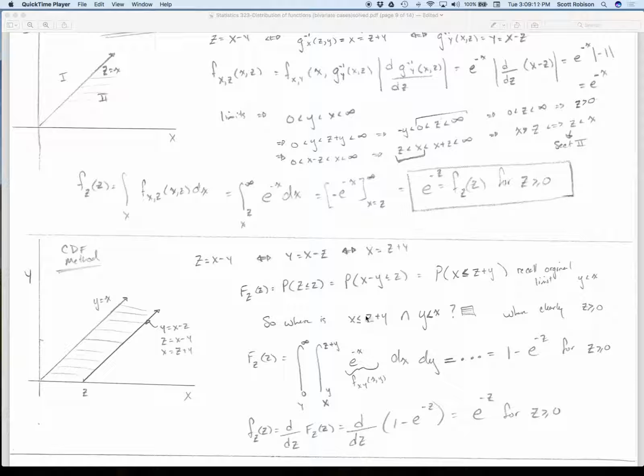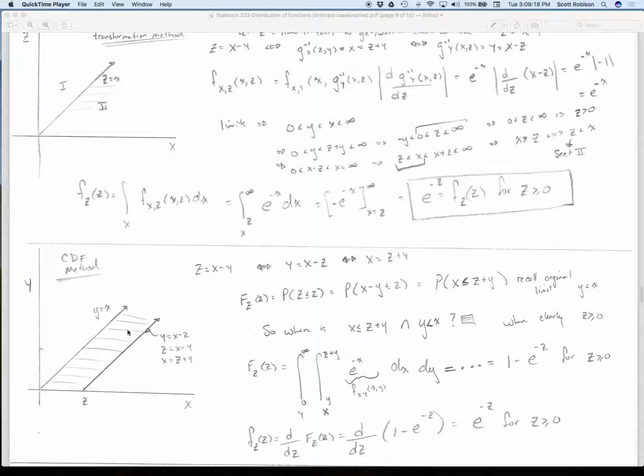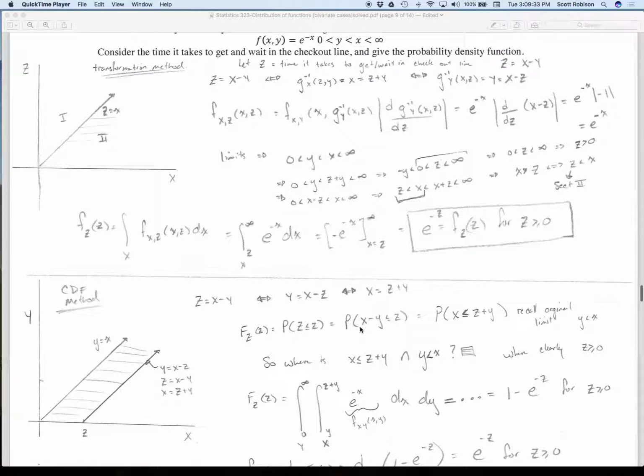So where x is less than or equal to z plus y, and where y is less than z. Okay, so I've tried to say that logically, where the minimum amount of purchase time is 0, and the maximum amount of purchase time here is total minus find. But you could also do it just from the strict boundaries that we've been talking about here.